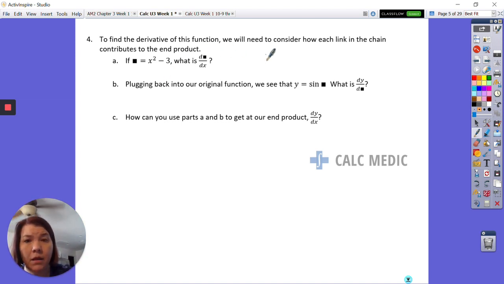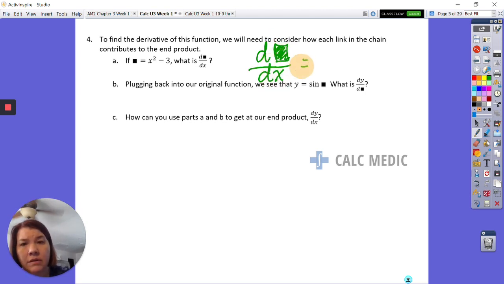So d square dx is equal to 2x, right? Plugging back into our original function, we can see that y equals sine of square, because that's square.